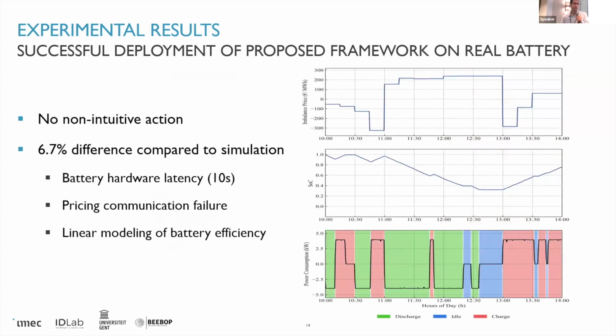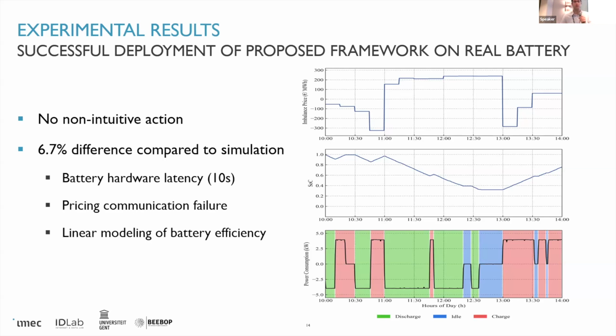In this slide, you can see our results. As you can see in the bottom figure, if you compare with the first figure, which is the imbalance prices, the actions are intuitive, and there is no non-intuitive action in that case.